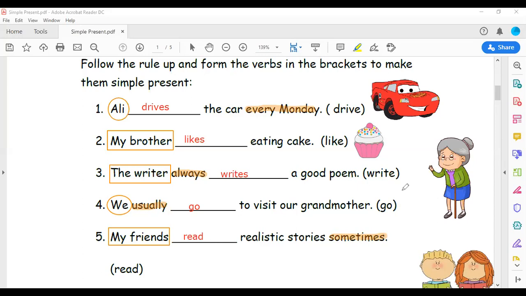So every time you see them, you're gonna use a simple present in your writing, maybe in your speaking. Okay? So simple present. First thing, I look at the subject. If the subject is singular, I put S to the verb. If the subject is plural, I don't do anything. I add it as it is. Okay? Let's move to the next worksheet.